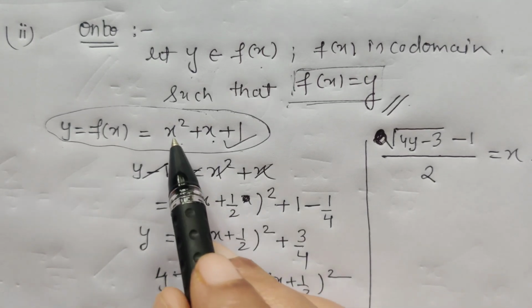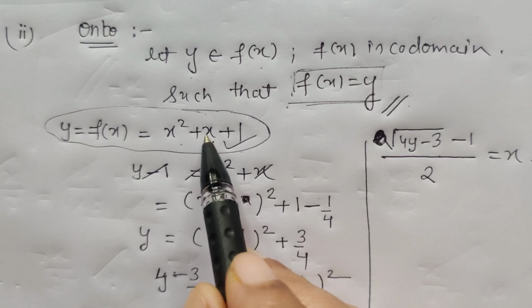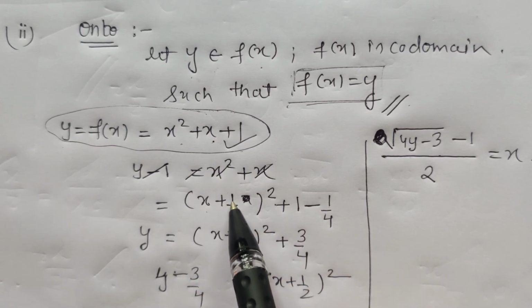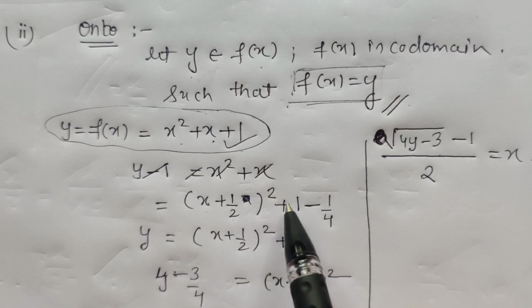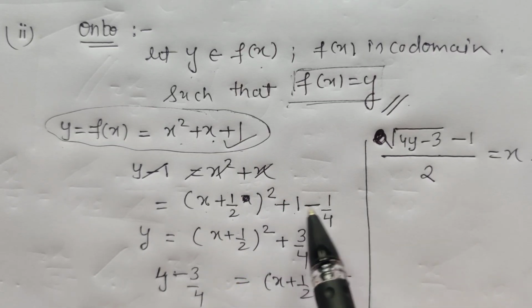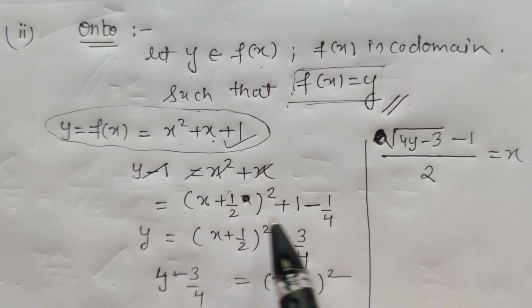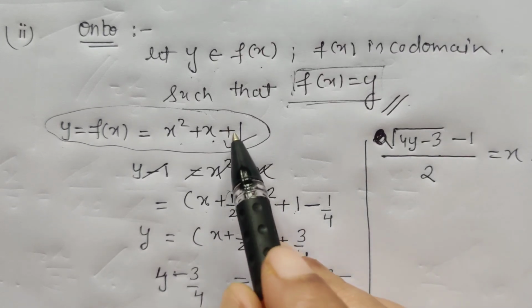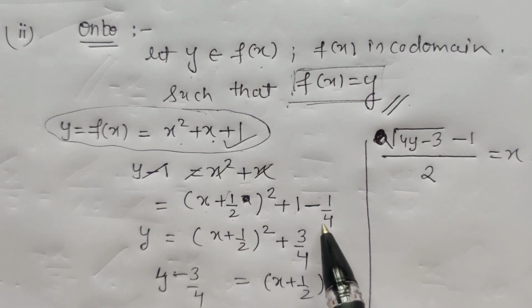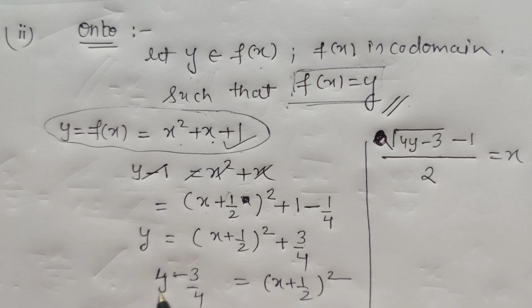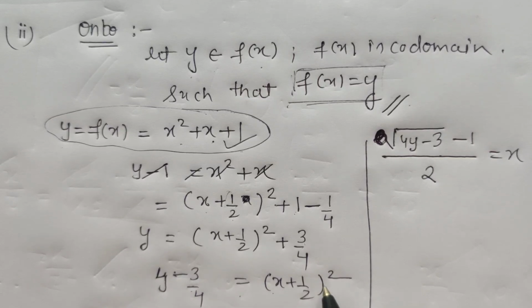So here first write x² + x + 1, then divide the coefficient of x by 2, which is 1 by 2, and put whole square, plus 1 as it is, minus always subtract the square of this. So the square of this is 1 by 4, which is subtracted from this one. Okay, now when I find the LCM, it is 3 by 4, and when shifting 3 by 4 to the left hand side, it is y − 3/4 = (x + 1/2)².